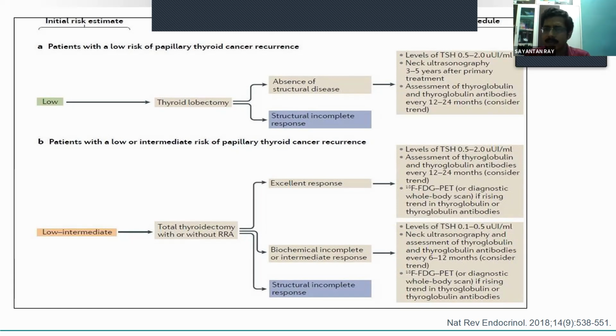Again, for excellent response, the first 2 points are the same as low risk, to include 18 fluoro FDG PET or a diagnostic whole body scan if there is a rising trend in thyroglobulin or thyroglobulin antibodies. And the same is for a biochemical incomplete or intermediate response.